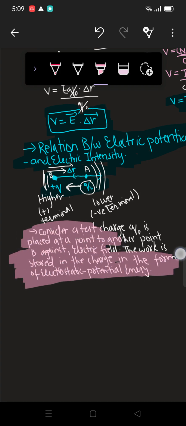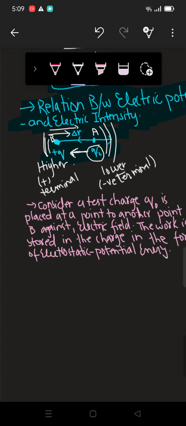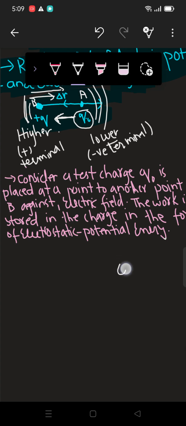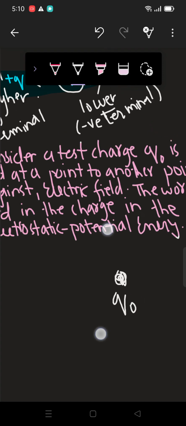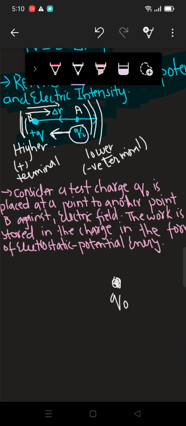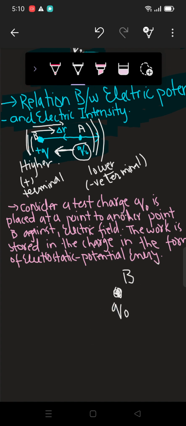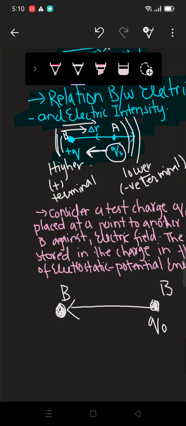Now let me make this diagram again, because now we have written the definition and it would be easy. Consider a test charge. A test charge is a unit positive charge, placed at a point B, and it is going to another point against the electric field.